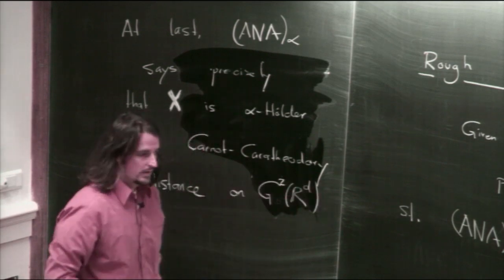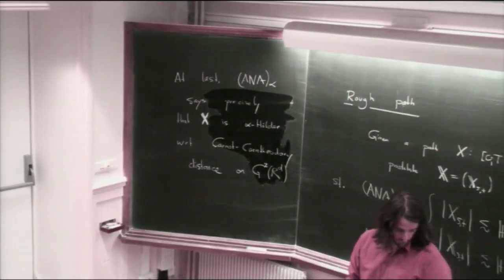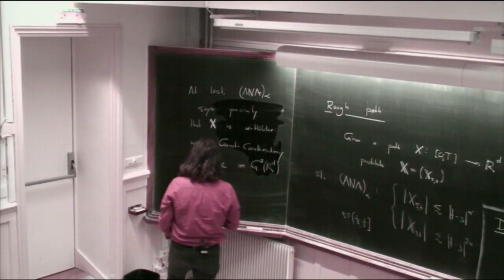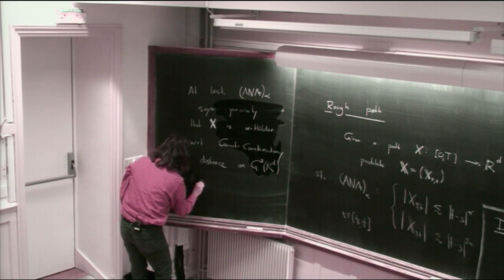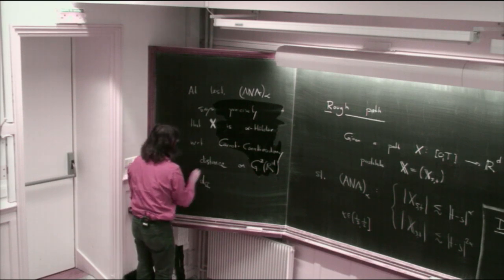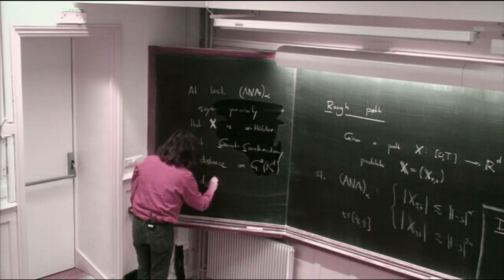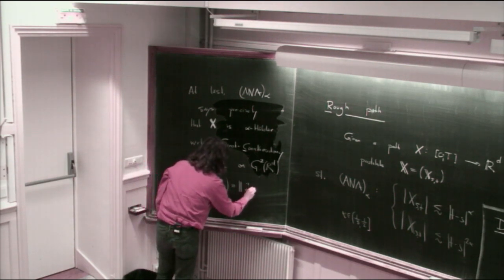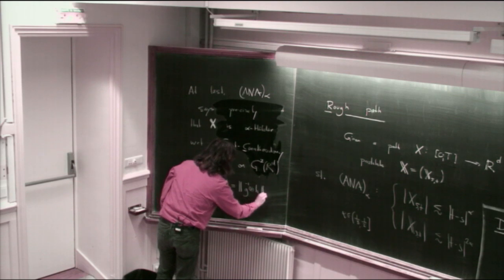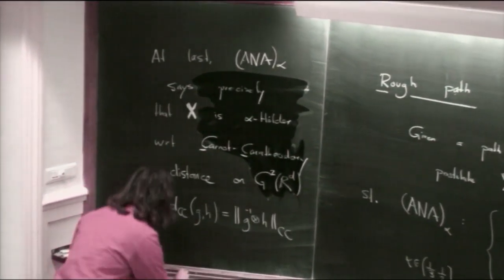All right. And so I don't have the time to go in much detail here, but at least I want to write it down here. So this distance here is as follows. If you give me two elements, g and h in G2, then the first thing is I play it back to the Carnot-Caratheodory norm, which I haven't defined yet, but I will do it down here.